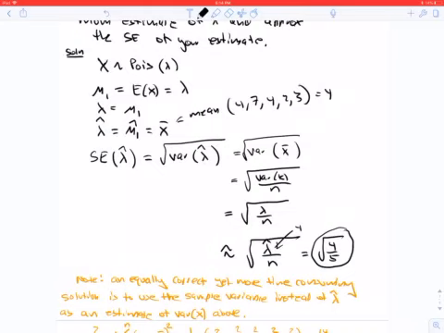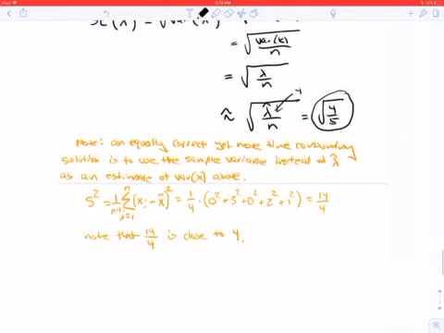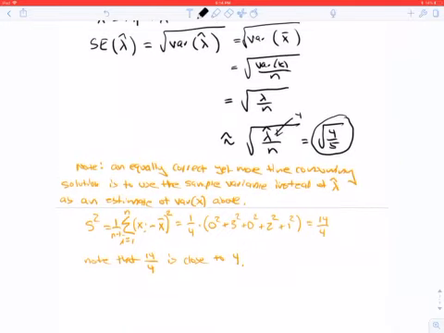Another way is that the variance of x can be approximated by the sample variance, which we can also compute. But the sample variance is a little bit more laborious to compute. So instead of 4, you would get 14 over 4, which is close to 4.